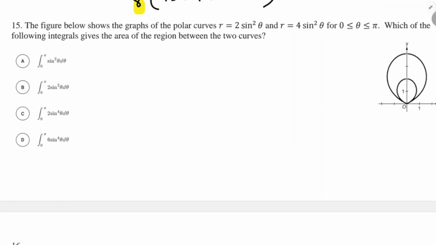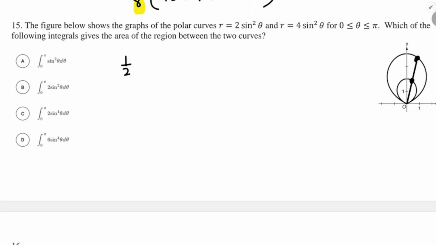Okay, that figure below is very similar to one that we did in our notes. 2 sine squared theta and 4 sine squared theta, theta going from 0 to pi. We know that 4 sine squared is on the outside, 2 sine squared is on the inside. When I go from the origin to the edge of the region between the two curves, I'm hitting both of them, so I'm going to need to subtract.